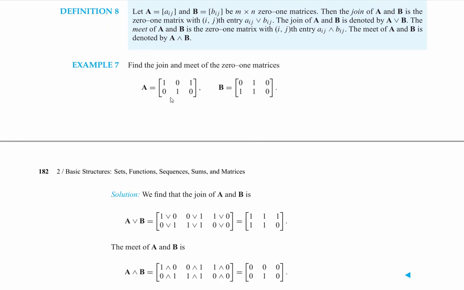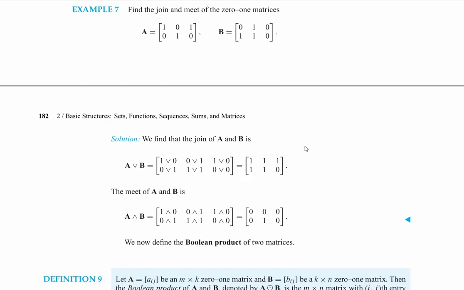So an example of that, yeah, so these 2 matrices have the same size. They're both 2 by 3, just with 0s and 1s. So the join, A join B, is just OR the corresponding bits together, so it's going to be 1 or 0, giving the top left entry of the answer.